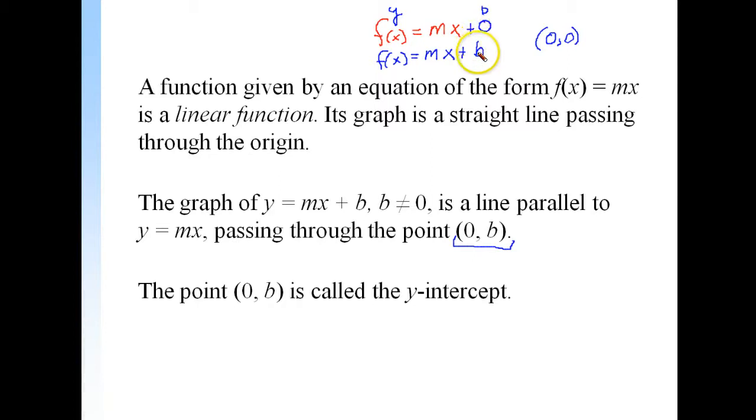When there is a b value, the y-intercept, that's where it goes through the y-axis. And again, this point, 0, b, is by definition called the y-intercept. This is sort of the official form for it, but sometimes they just put b equals 5, and that would be 0, 5 in a sense.